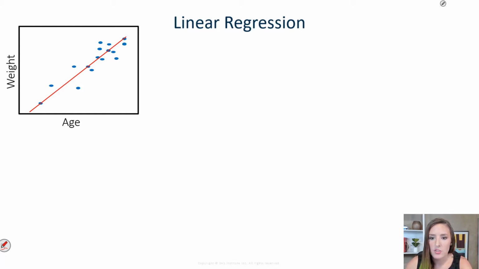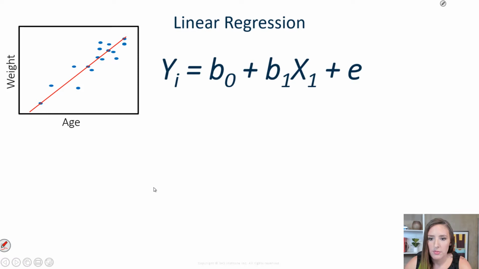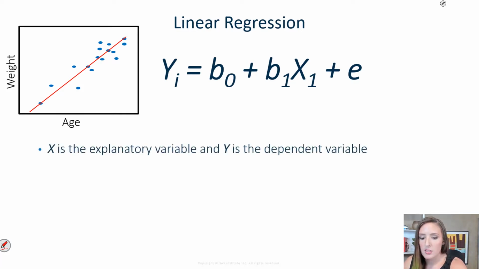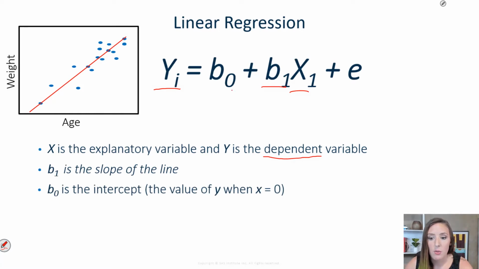So here is the equation for linear regression. We have x, which is our explanatory variable, and we have y, which is our dependent variable. We also have b1, which is the slope of the line that you can see, b0, which is the intercept, so that's the value of y when x is equal to 0, and we have an error term.